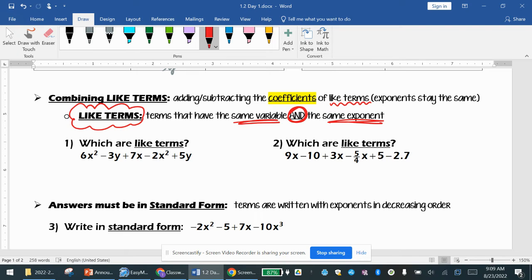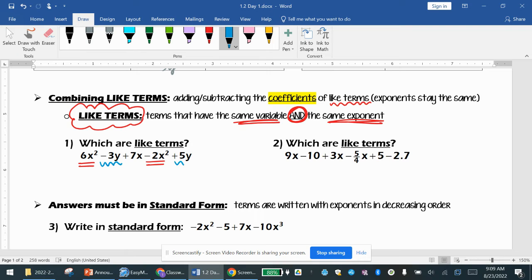So which of the following are like terms? I like to start by looking for the ones with the same exponent and the same variable. I'm going to color code here. 6x squared and negative 2x squared are like terms because they both have an x squared.